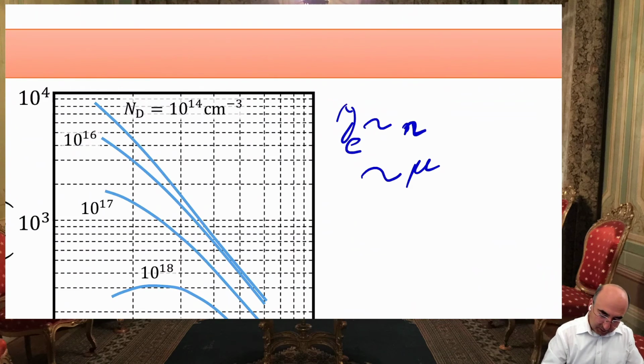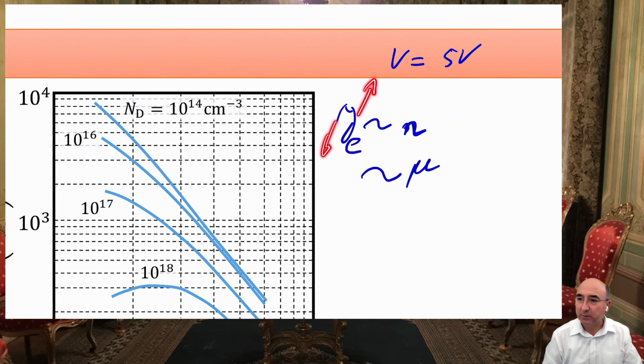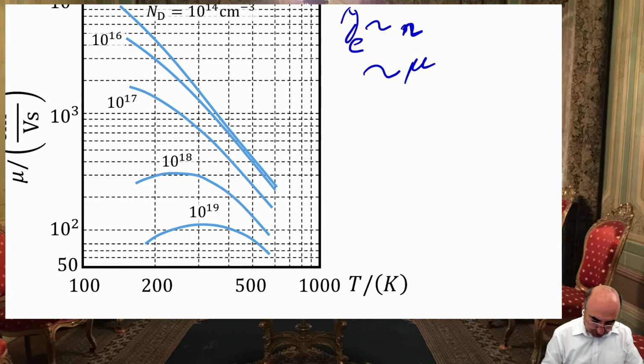What happens if you apply, let's say, 5 volt? What does change with the current? Does it increase or is it reduced? Let's take a look. Let's assume we are here.